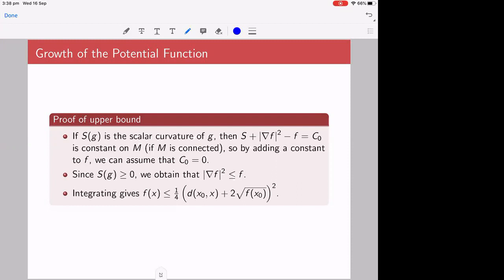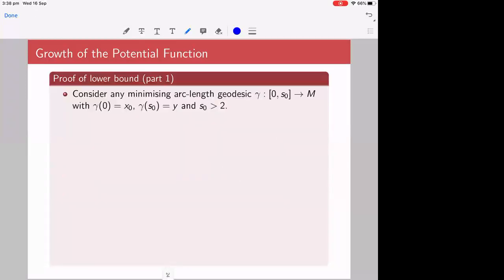Now, the lower bound is much trickier, requires lots of knowledge. Well, we need to know how geodesics operate, essentially, in order to get this lower bound. All right, so at the moment, just pick any 2 points, x0 and y. Again, we haven't set x0 yet.